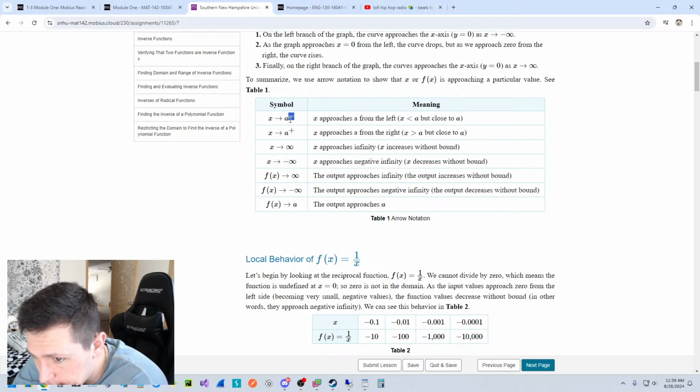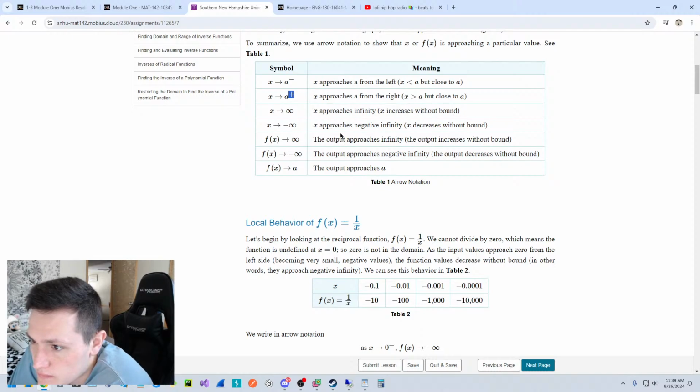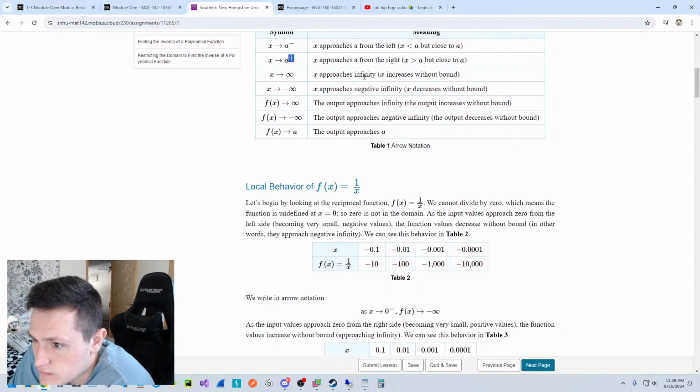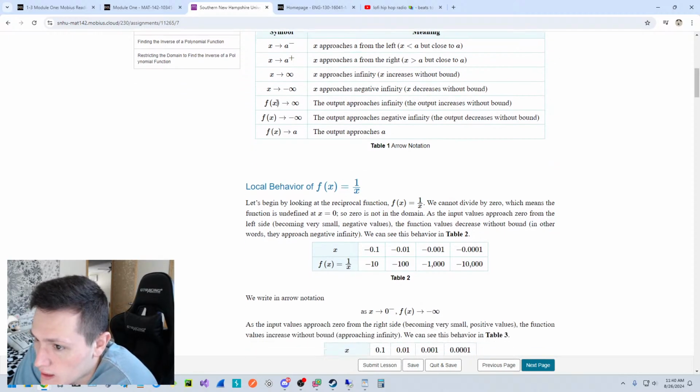Left, which is less than, is negative, but then right, which is greater than, is positive. That makes sense. Infinity, yep. So this means it's coming up on infinity, and then this means it's coming up on negative infinity. This all makes sense. It's pretty straightforward.